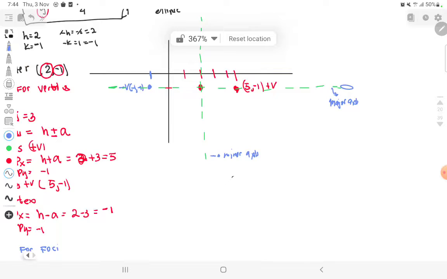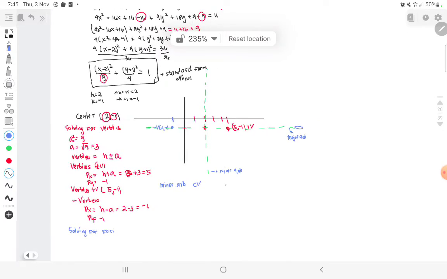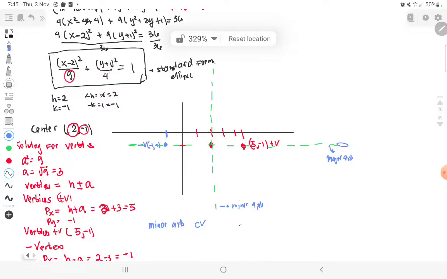Of course, our foci will lie on our major axis. So okay, well, where can we find this? Now take note that we have our b, right? What is our minor axis? So minor axis or our CV. Our minor axis can be found in our equation.